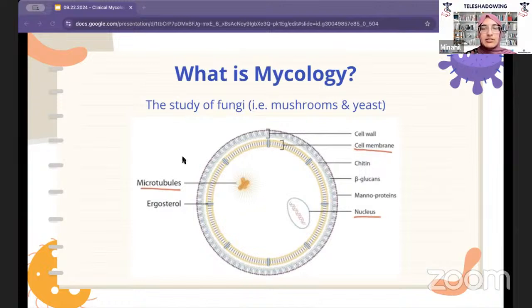We'll talk about this a little more later in its applications to pharmacology. Because ergosterol is different from cholesterol, we're able to target ergosterol if there is an infection from a fungus, and there are drugs that target ergosterol.